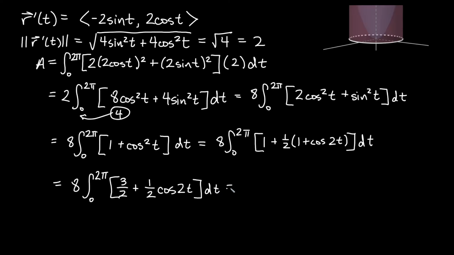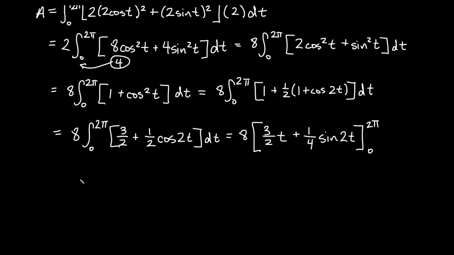And now this is easily integrated at this point, so we'll keep the 8, and if we integrate 3/2 dt, then that becomes 3/2 t. And if I integrate 1/2 cosine 2t, the antiderivative of cosine is sine, and the reciprocal of 2 will come out, so we actually get a plus 1/4 sine of 2t. And we'll evaluate from t equals 0 to t equals 2 pi, and that will give us our answer.